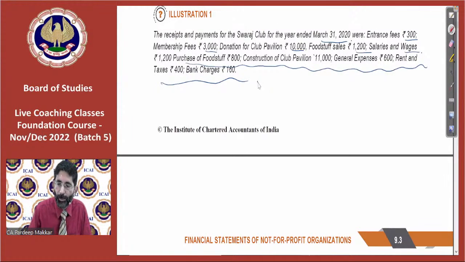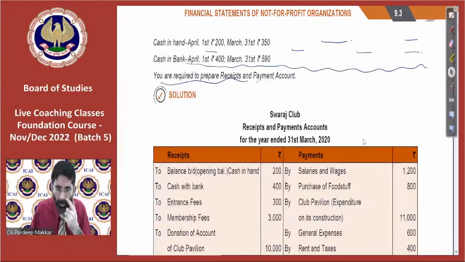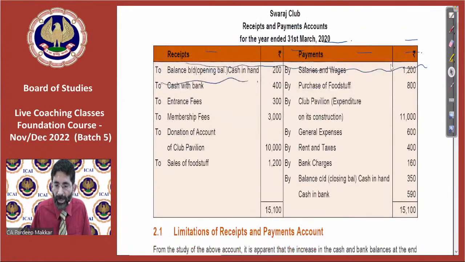If it is given that there is a CC limit and we have a negative opening balance, that means we have some amount payable to the bank, then we may show it as balance brought down. There's no problem. In the same way, closing balance may come on the debit side. It is not mandatory that the opening balance must be on the debit side and the closing balance on the credit side, because bank may be negative as well as positive. Cash can't be negative.